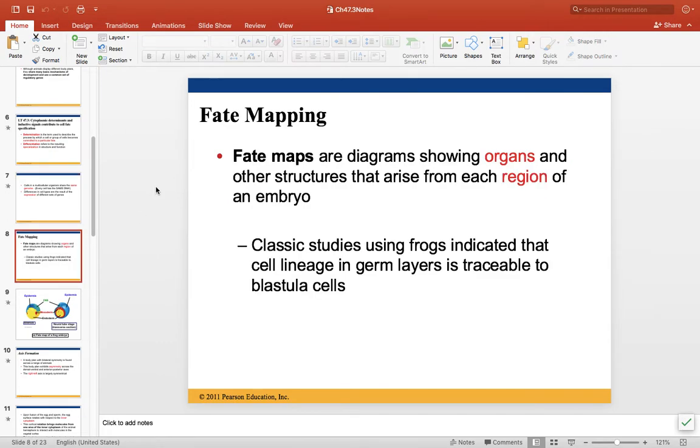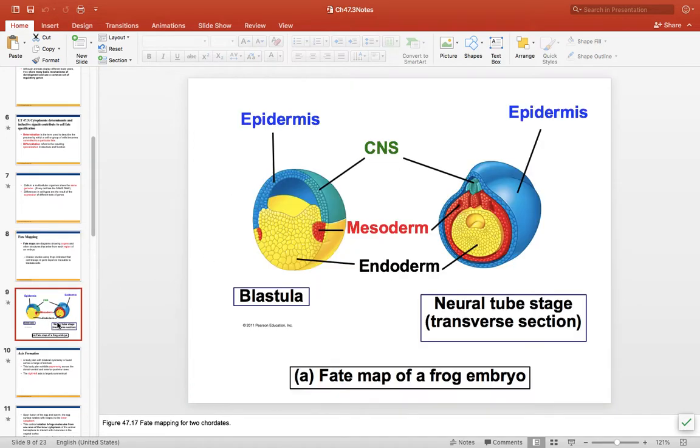We have something called fate mapping, which is a diagram that shows organs and other structures that arise from each region of an embryo. Looking at a fate map of a frog, for example, the blue cells are the epidermis, which forms the outer layer of that frog. For humans, it would be like our skin.